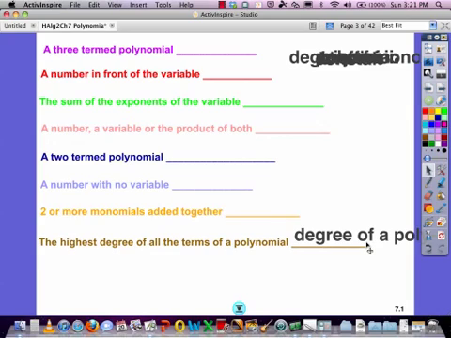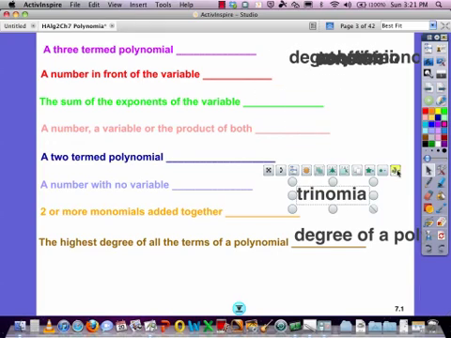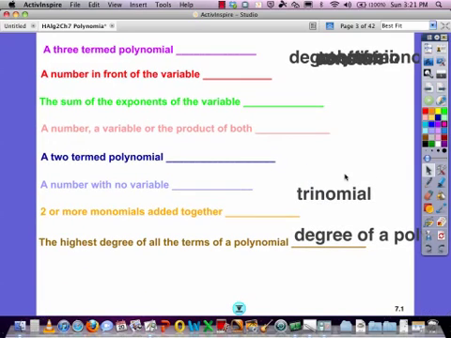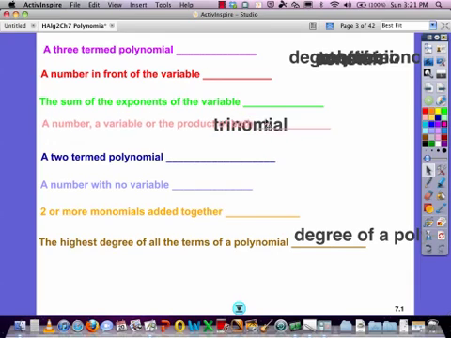So when you heard about the degree of a polynomial before, hopefully that's what it is. If we take this trinomial, most of you said it.